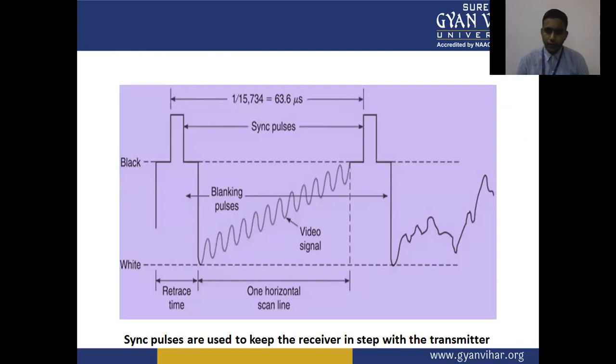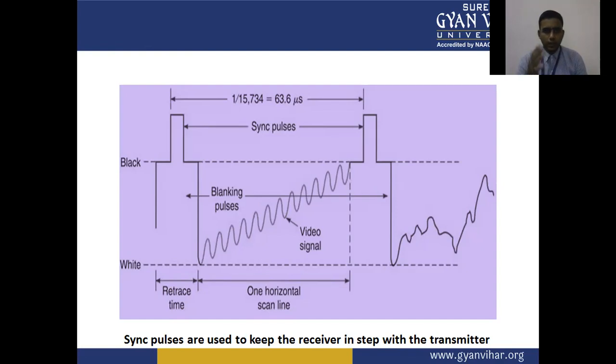Here we have a video signal and the blanking pulses with the video signal, and sync pulses are also sent. The sync pulse is combined with the blanking pulses. Here we have a white level and black level. At black level, the voltage is high, and at white level, the voltage signal level is low.